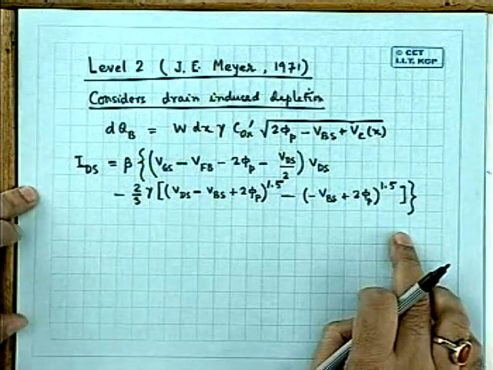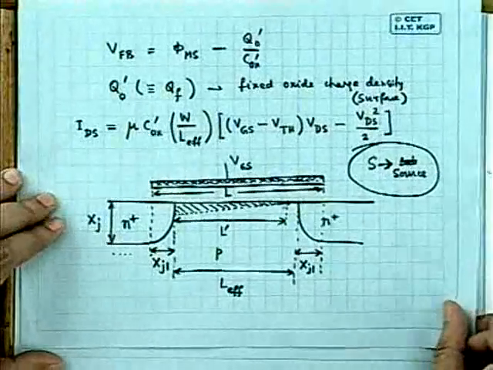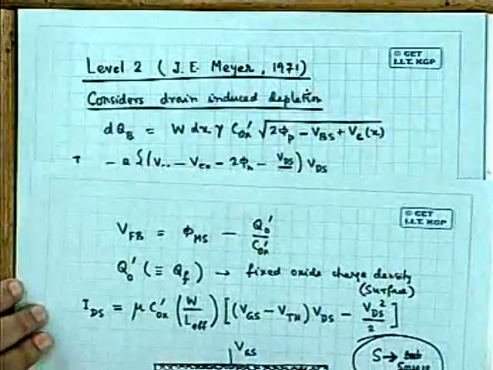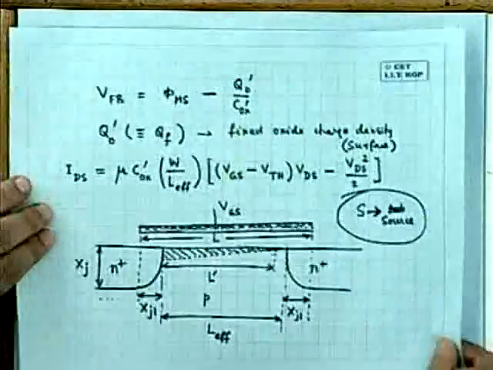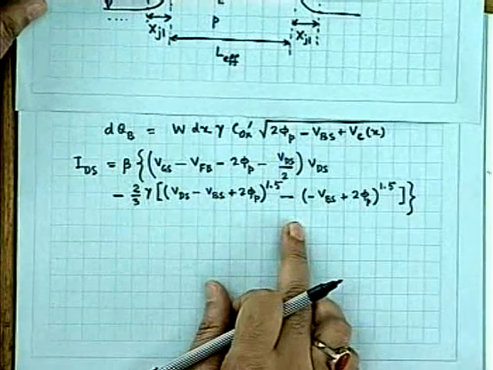This equation was derived in the class earlier, so I am not re-deriving it. Compare it with this equation for level 1, which ignores the drain induced depletion. Just compare the two.